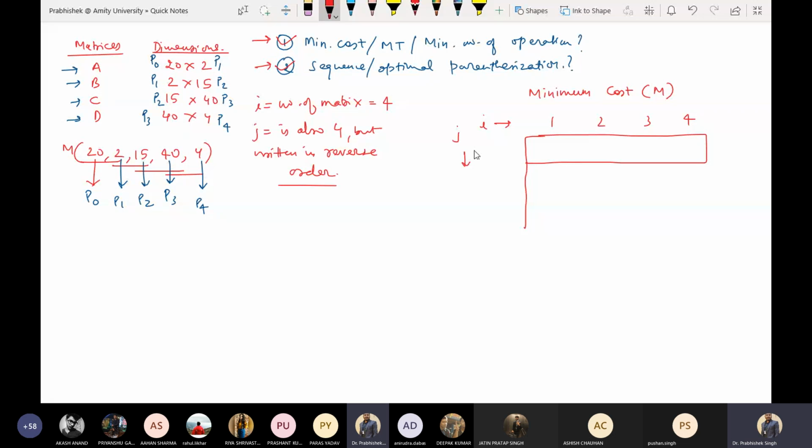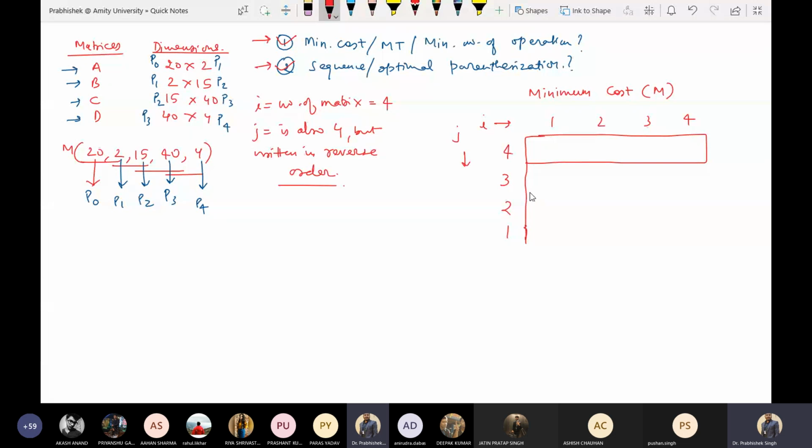Written in reverse order means, since there are 4 matrices, I will write 1, 2, 3, 4 for I, and J represents this column, so it will be written in reverse order: first I will write 4, then 3, then 2, then 1. Now understand how I am drawing this table. First of all, it is like this.